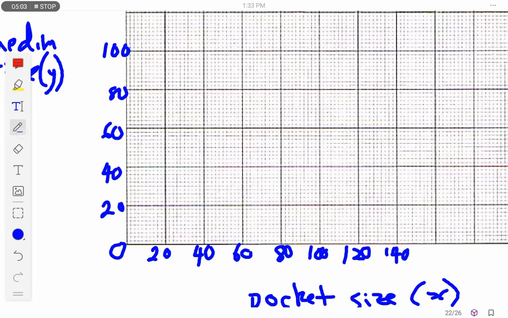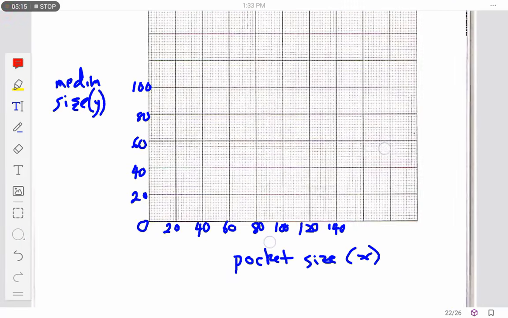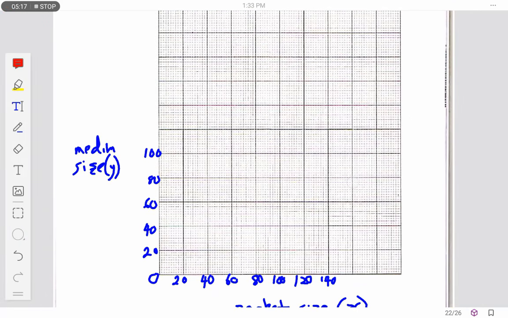Remember, this is our x here, and this is our 100. It's going to be a straight line, going on something like this. So this is our x is less or equal to 100.